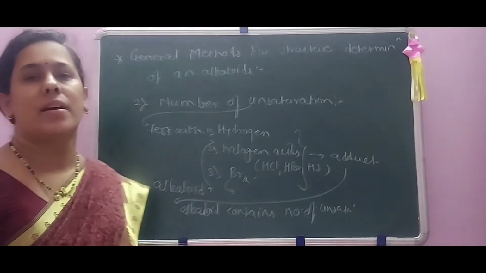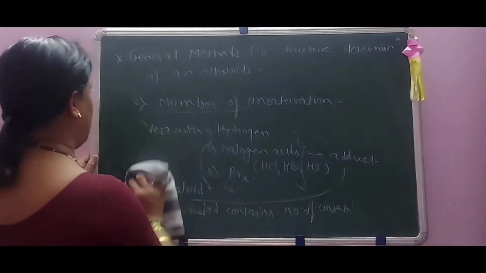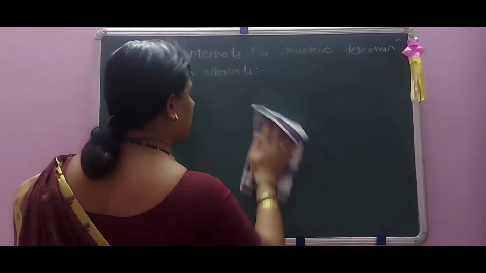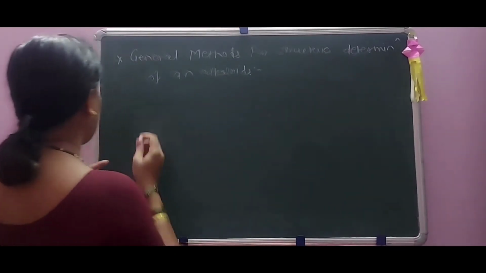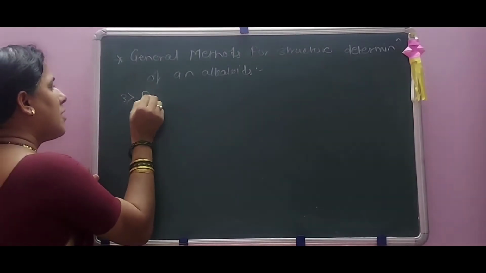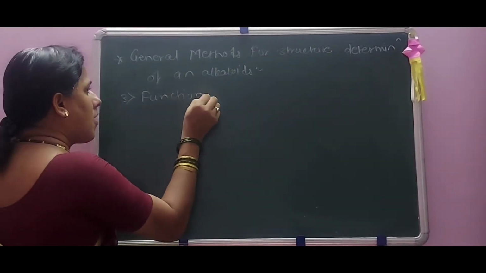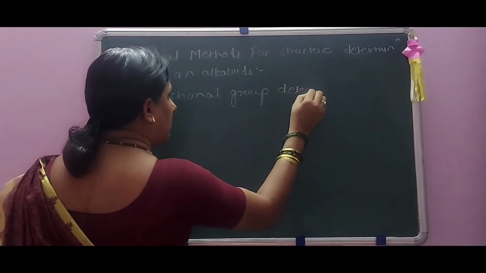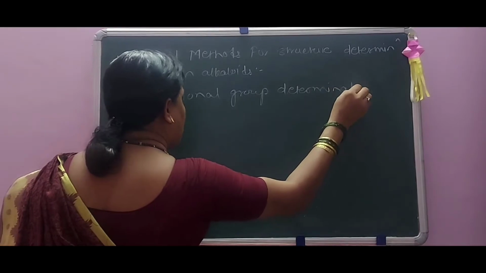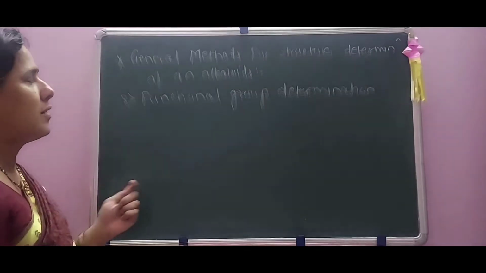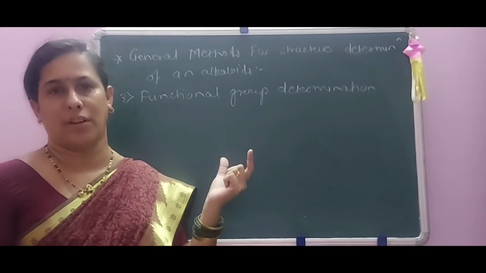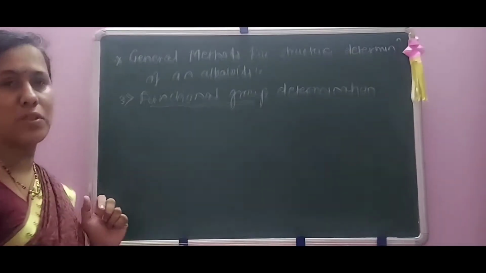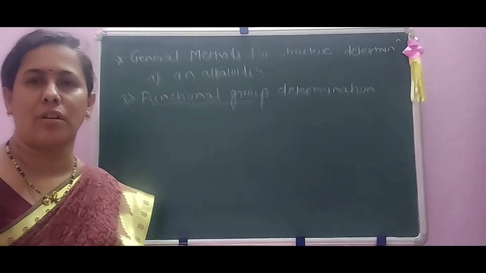Now the third point is the determination of functional groups. This is the main characteristic of any organic compound, so we have to focus on the functional groups in the structure determination of alkaloids.